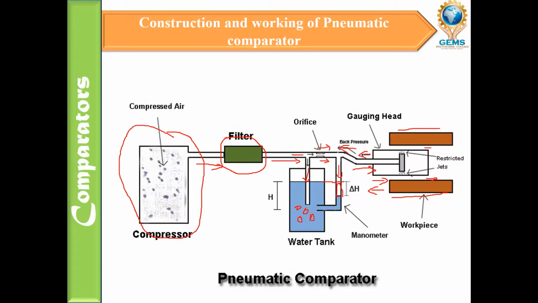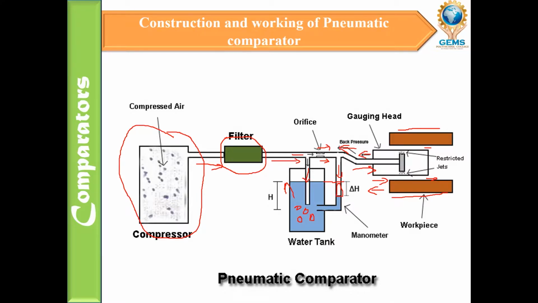The manometer level is low because of the air coming from the back of the gauge head. The air is occupied here in the manometer, so automatically water goes back to the tank. So the tank level will be higher and the manometer level will be low.